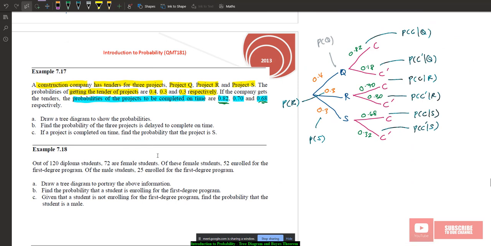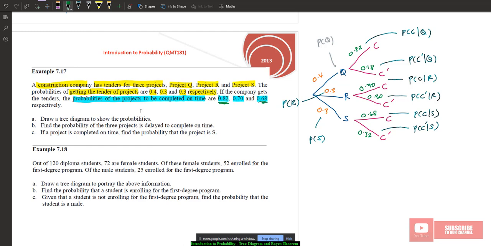Example number 7.17, right? So we already draw a tree diagram, right? So now we have three tenders. A construction company has tenders for 3 projects, Project Q, R, and S. So complete on time is 82%, not complete on time is 18%, and so on.